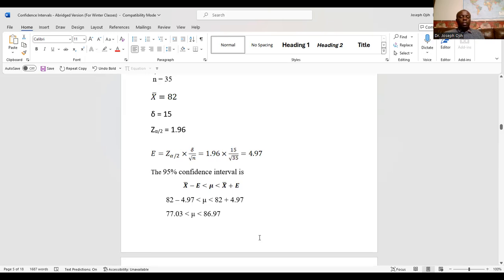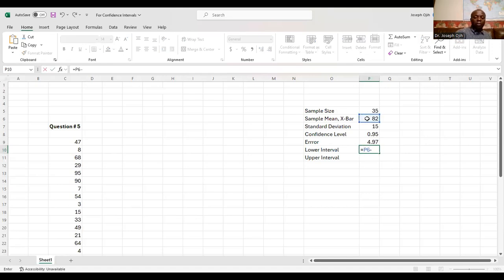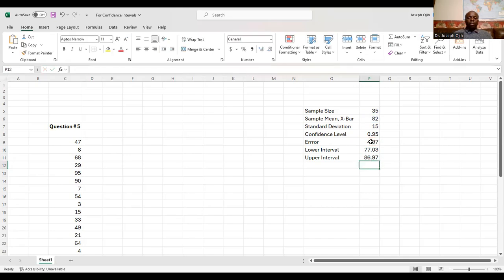Now once you get your error, you can now get your lower interval equals mean minus the error. And upper interval equals mean plus the error, which is this one here. See, we have our confidence intervals.